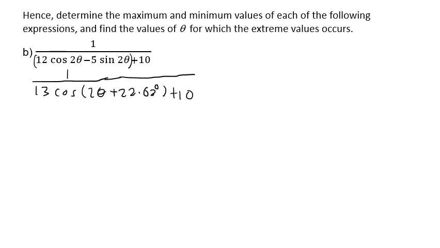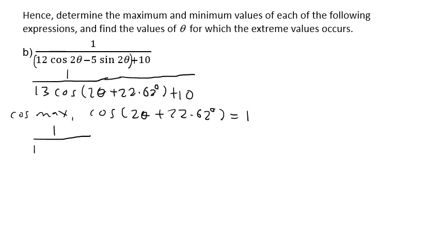Also we know when cos is maximum, cos(2 theta plus 22.62) equals 1. So our expression is 13 times 1 plus 10, so we got 23.